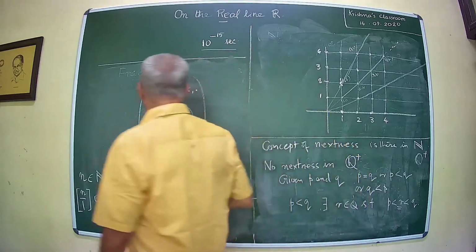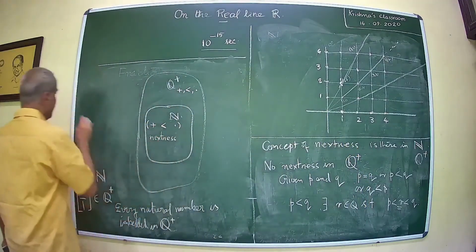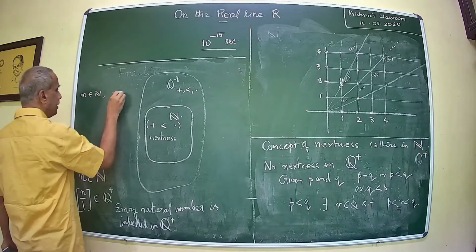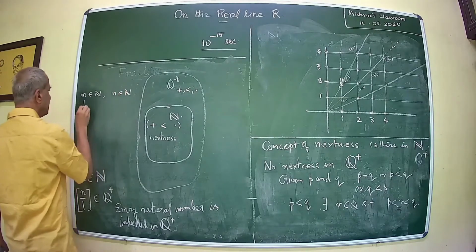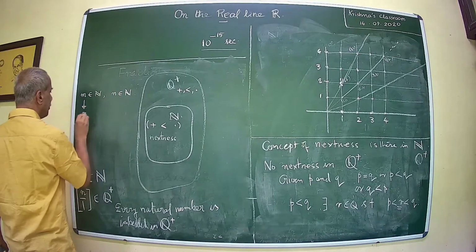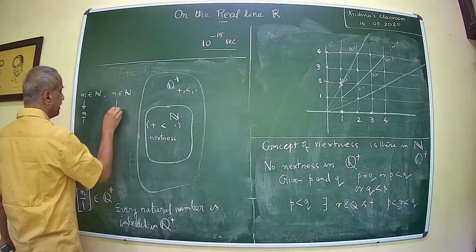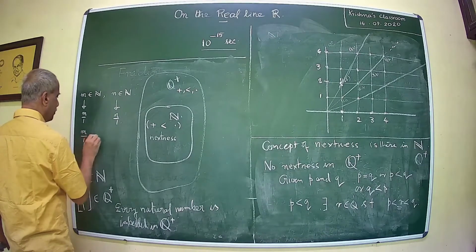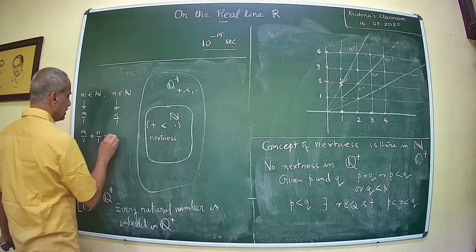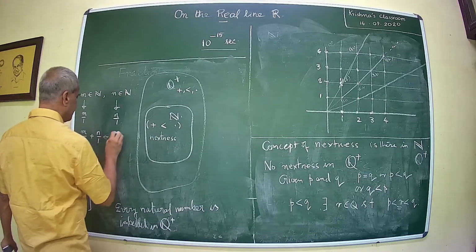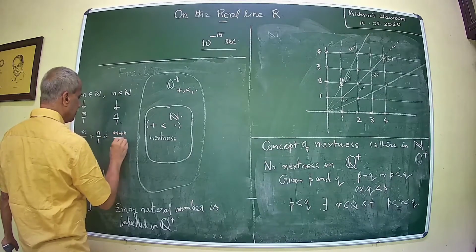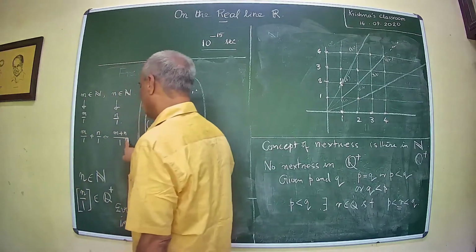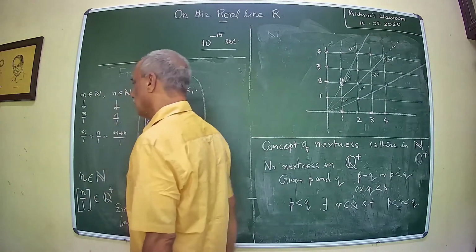This is clear because if you conceive m by n, m belonging to N, n belonging to N, then this is identified with m by 1 and this is identified with n by 1, and m by 1 plus n by 1 is identified with m plus n by 1. So addition is properly identified.